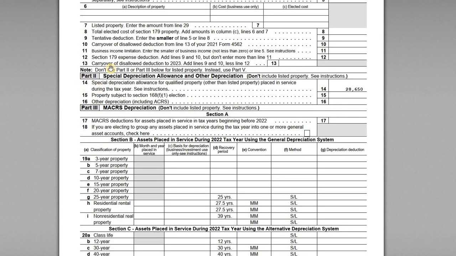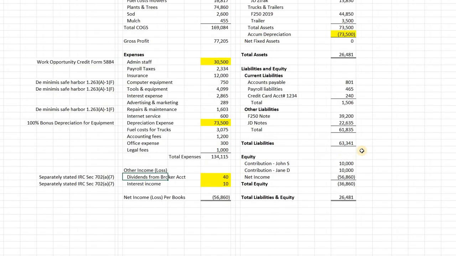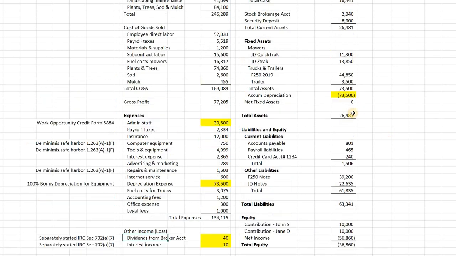So the relevant pieces for us are going to be in part 2. So this is special depreciation allowance, which is another word for bonus depreciation in this context. But what's unique about our situation is we do have bonus depreciation, but you only report bonus depreciation here for qualified property that is not listed property, right? And in our case, if we look at our balance sheet here, we have a couple of kinds of property that are being depreciated, right?